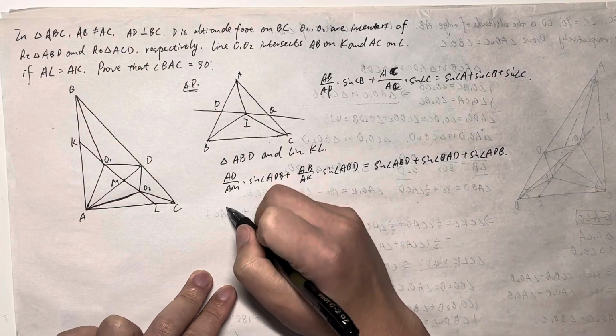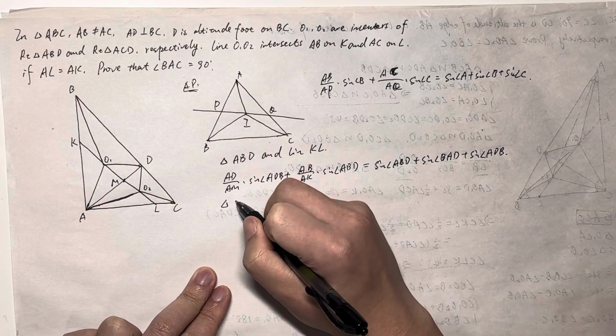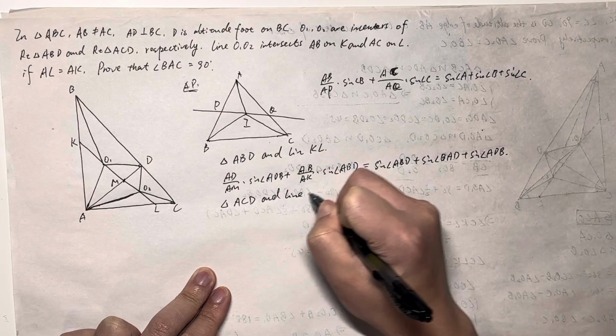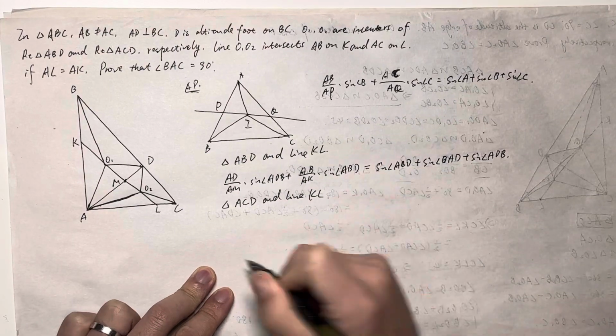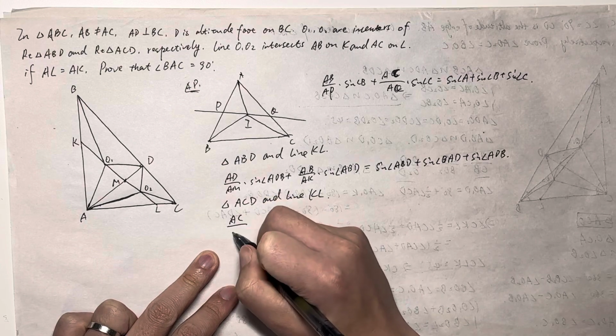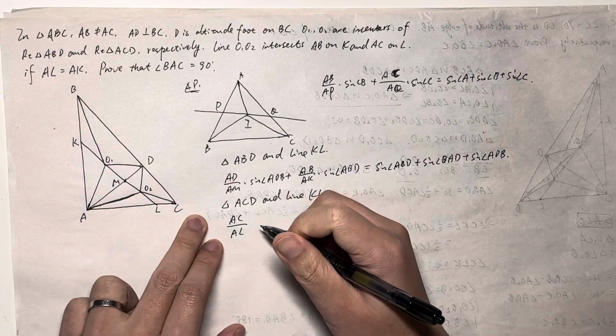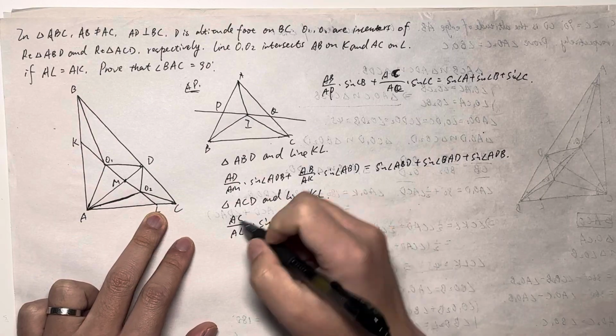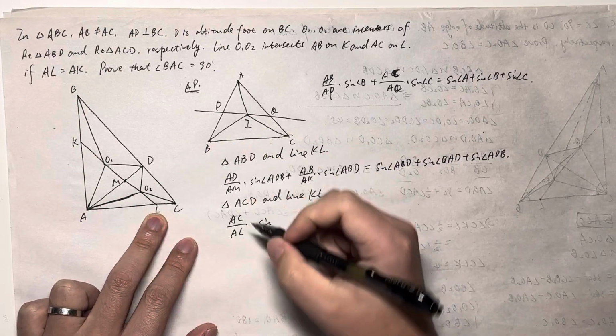right? And also for triangle ACD and line KL, we have AC over AL, right? Actually, let me just start from this side.